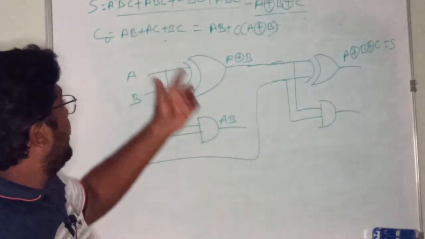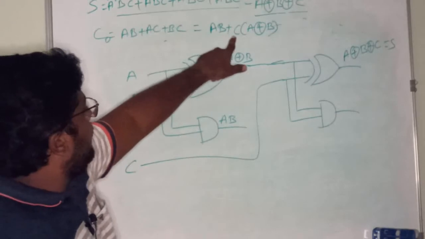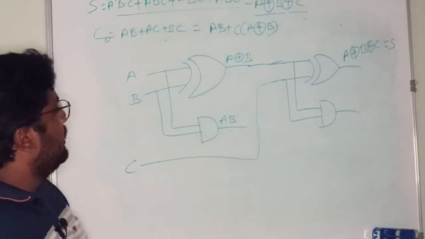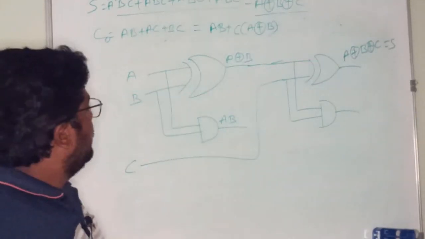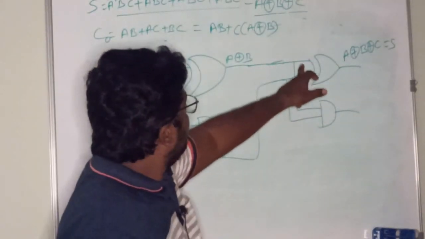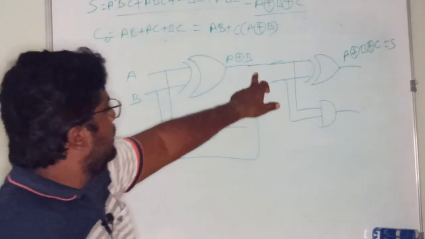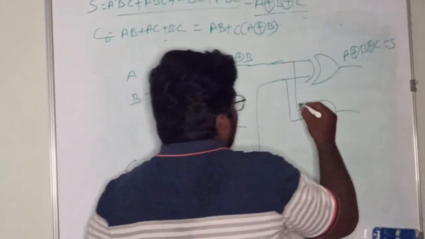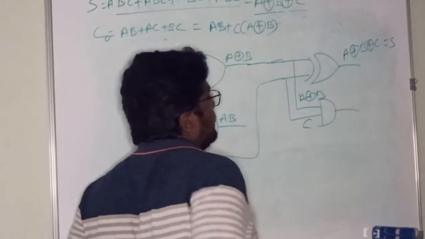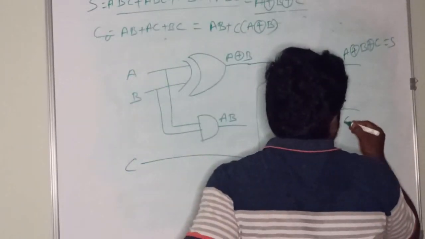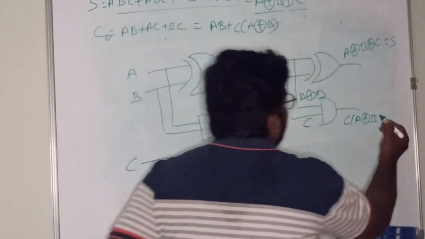So now for C0, let us see. Here I am having two products, right? AB, I already got it, right? Now see, in this half adder circuit, this one is A XOR B, and this is C. So this will become C into (A XOR B).